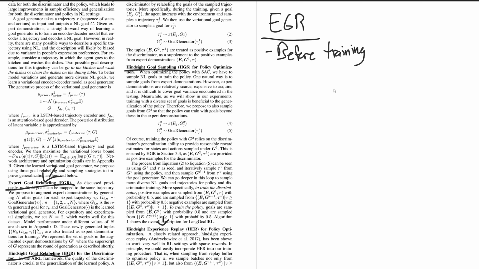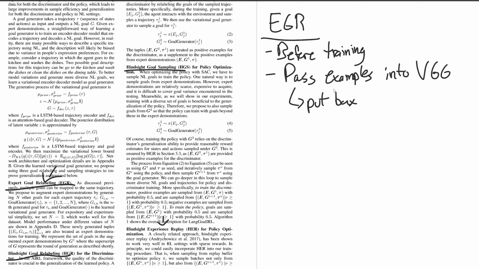So for each of these examples, we're going to go through and essentially pass them into our VGG. And what this does is it outputs a bunch of natural language goals. And after we get those natural language goals, we're going to put them back, and I'm just going to call these expert examples.